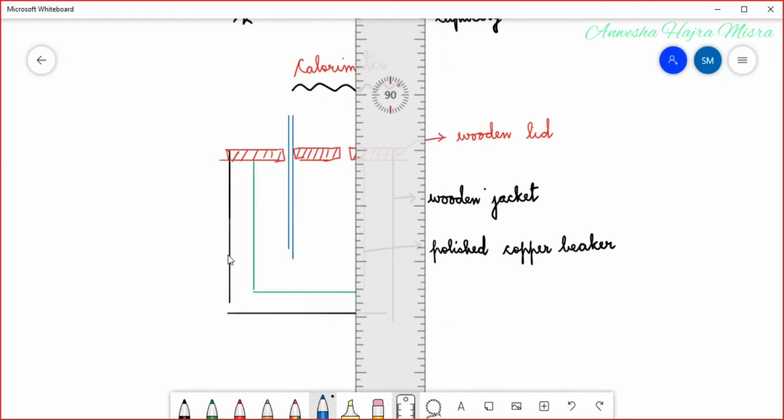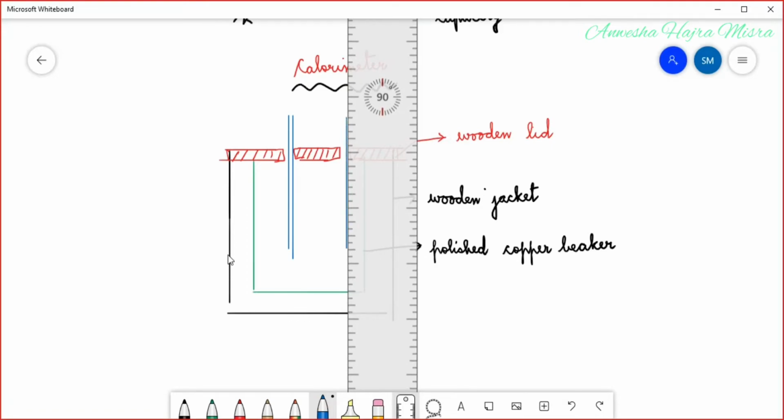And through the other hole, we have a stirrer inserted.